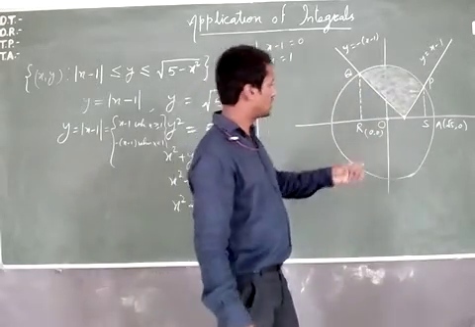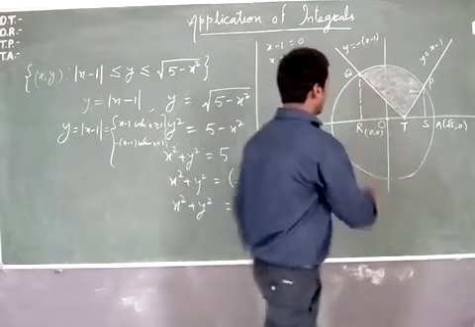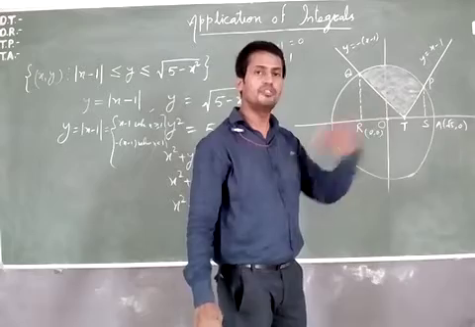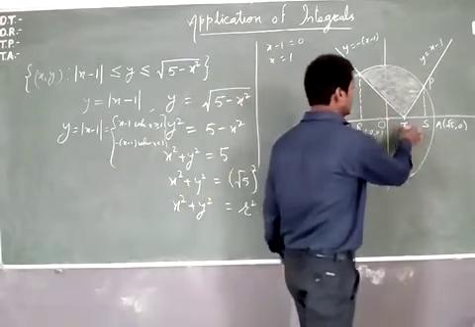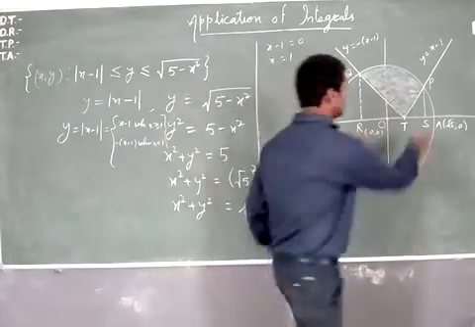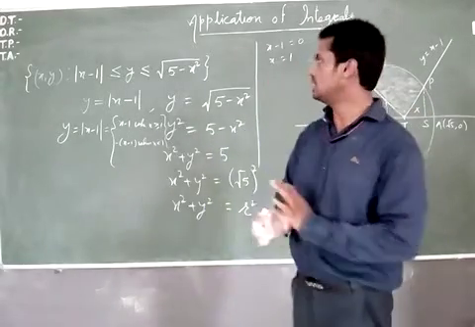Then subtract this part, R, Q, T, which is the blank part, and subtract T, P, S. We have to subtract because this part is blank. We have to find the shaded region using integration.